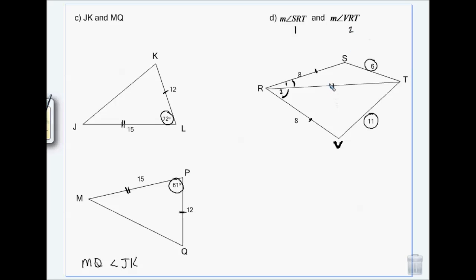So SRT is less than VRT. Okay, so VRT is going to be the greater angle because 11 is the greater side length.